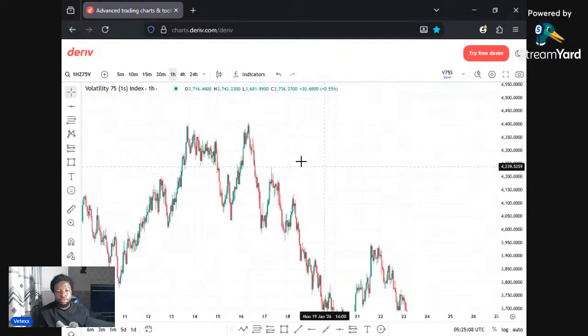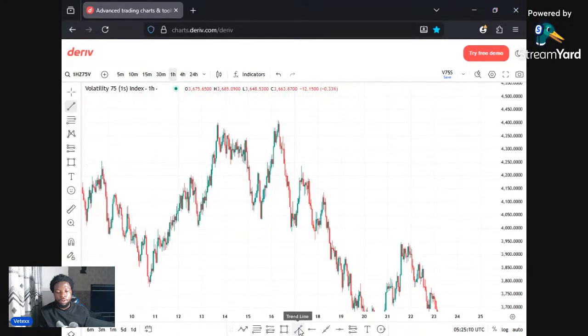So on this 1-hour time frame, we have this. We have our sweep of liquidity, which is this. And then we have our first break of structure, which is this.